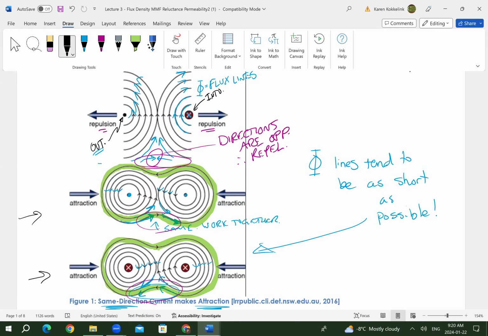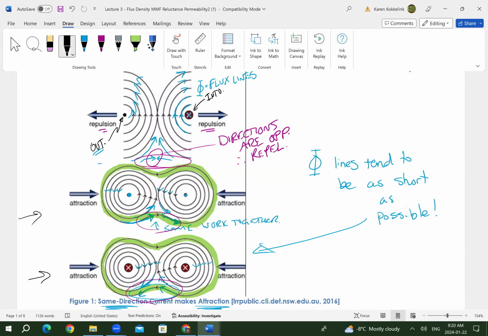It is that current that is highlighted in pink that produces a force when it flows through two straight parallel conductors. Two straight parallel conductors. They have infinite length.